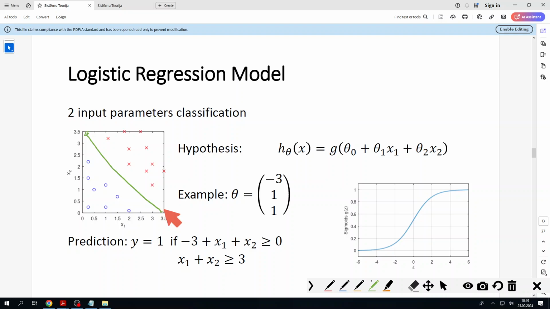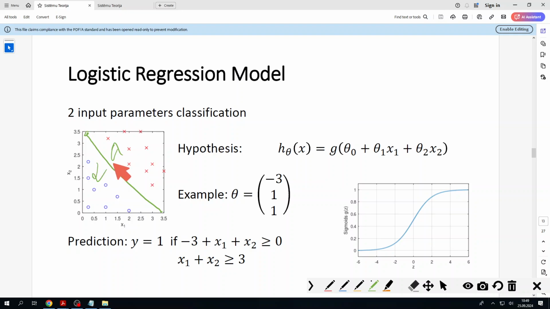Accordingly, if your predicted point is above this line, then this is going to be class 1, let's say. If it is below, then it is going to be class 0. Basically as simple as that.